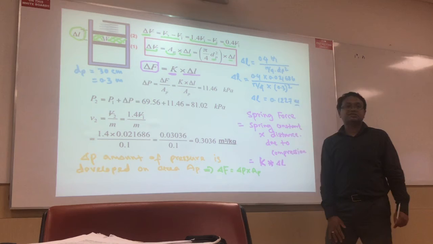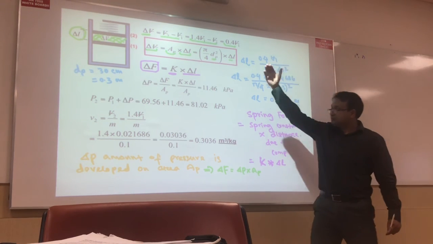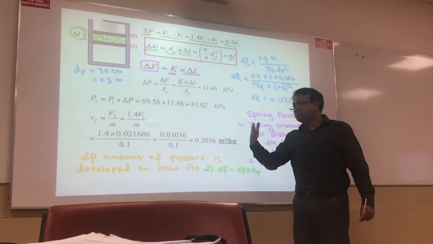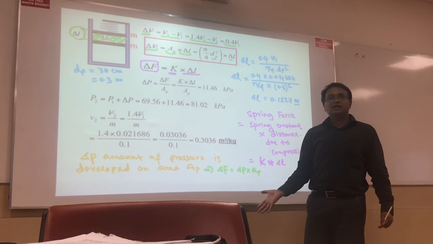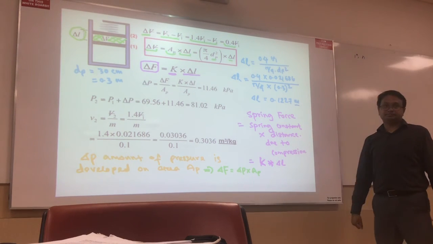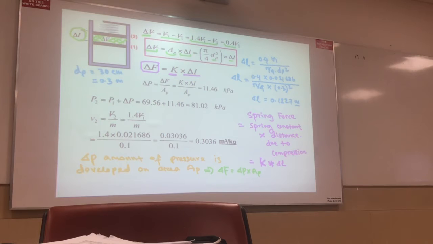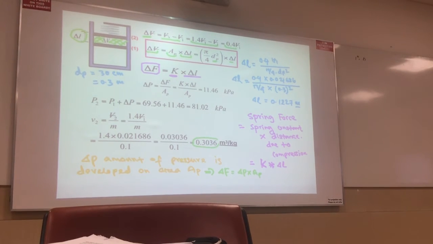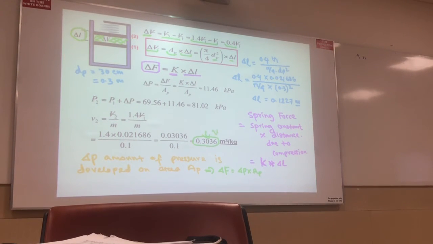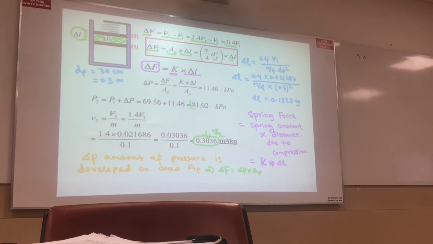So what is the nature of the state? I know pressure, I know volume, then I can calculate the final state. Easy for me, right? So how to do the final state? I know V2, this value. So what is the final pressure?